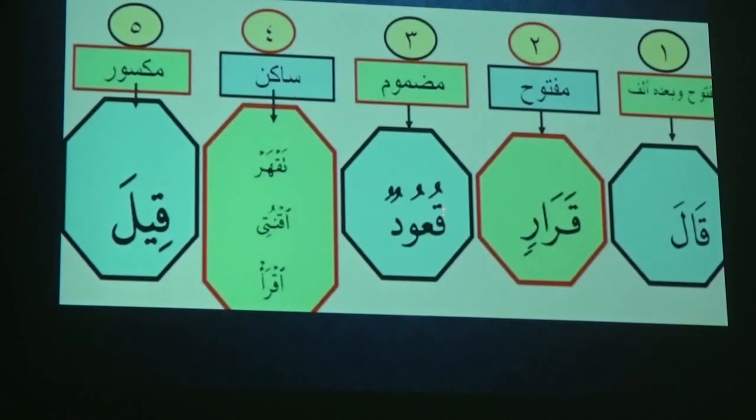And the third level is when the letter of isti'la has a dhamma, like the word qu'ud. And the fourth level is when it has a sukoon, like taqahar, or iqtuni. Uqnuti, sorry. And then iqra. And finally, when the letter of isti'la has a kasra, and that's the lowest level, in the word qil.